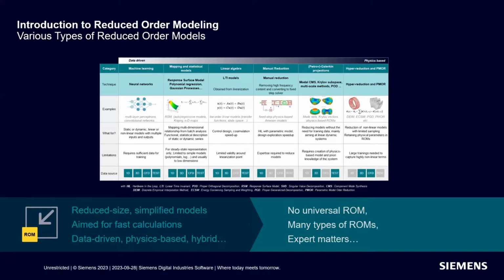There's other ways of mapping or looking at machine learning or data-driven analysis. So there's RSMs, response surface models, there's autoregressive type modeling, there's something called Kriging, there's a Gaussian process, we can do polynomial regressions. And as we see on the bottom, there's different data sources, right? So we have a system simulation tool inside of the Simcenter portfolio called AMESim.